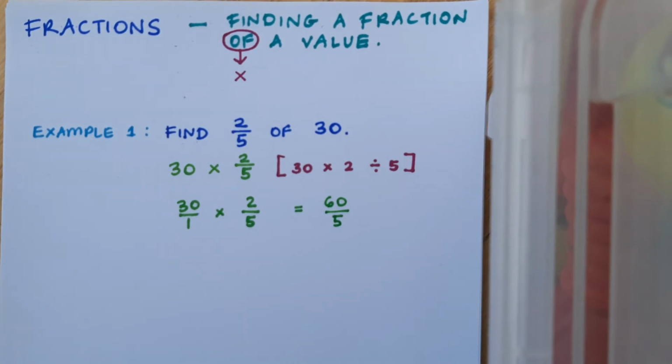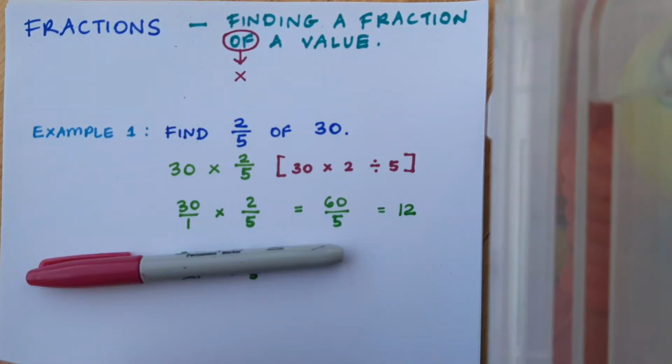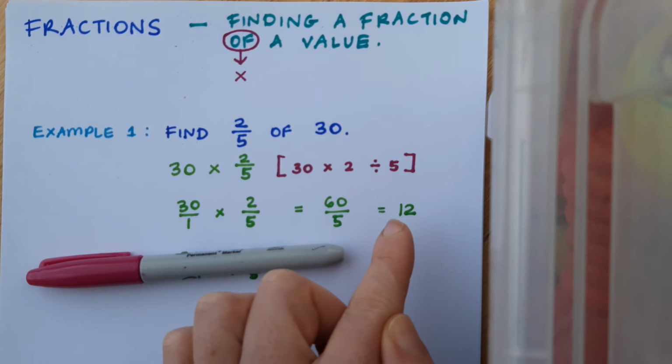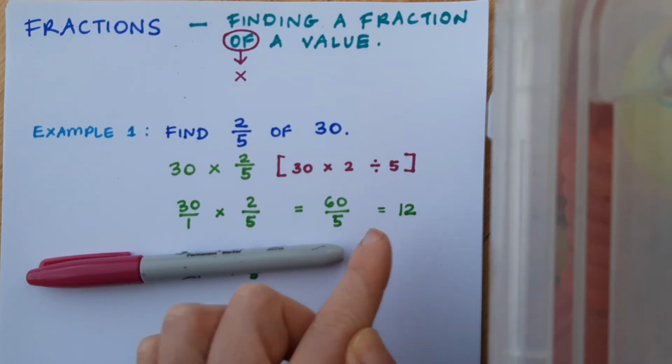The bottoms multiply to give me 5. And now I can work out my final answer by writing 60/5 in its lowest terms. In this case, it just means working out 60 divided by 5, which gives me 12.